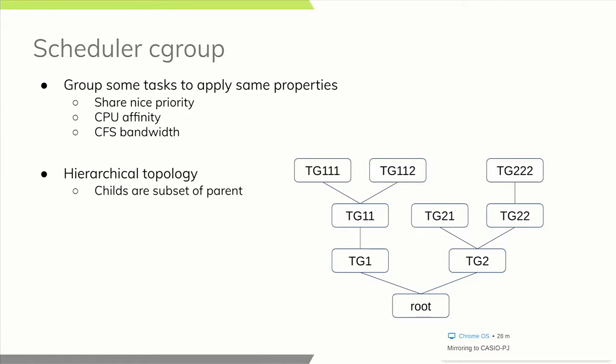We also have the CPU affinity, so you can change the CPU mask of a group of tasks, especially when you want to partition your system. And you can also do some CFS bandwidth. I think I have more detail on that. It's just that you can make sure that you will not run more than an amount of time for each group.